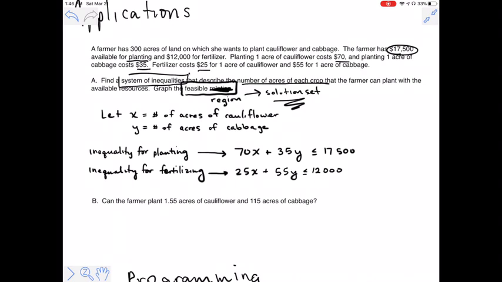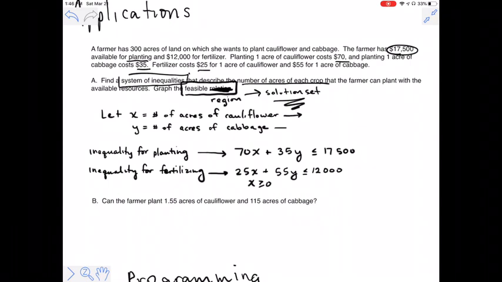And this next part is often overlooked, but it's something really important to keep in mind, especially when dealing with an application problem. The number of acres of cauliflower can't be a negative number, so just by default, X has to be greater than or equal to 0, if he's not going to plant any cauliflower, but at the very least, he's not going to plant negative acres of cauliflower.